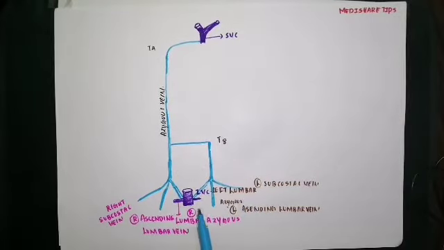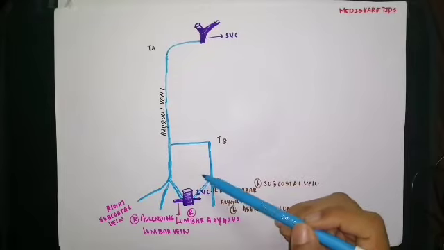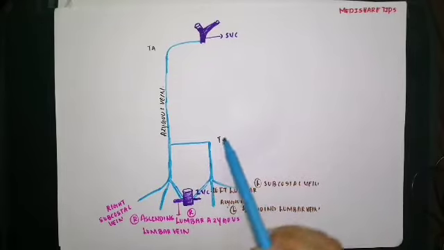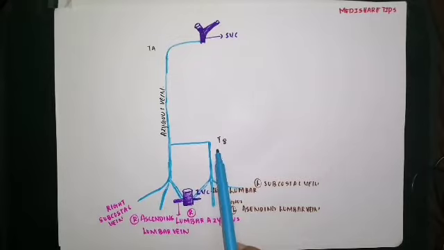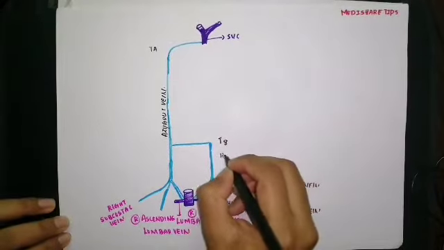So it is formed by the union of three veins: the left lumbar azygos, the left ascending lumbar vein, and the left subcostal vein. It passes upwards and pierces the left crus of the diaphragm and ascends up to the T8 level, where it turns to the right side and joins the azygous vein. So this vein is known as the hemiazygous.